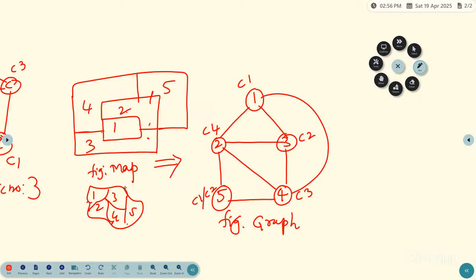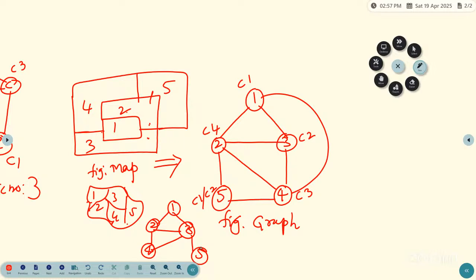Assume this is a map, so 1, 2, 3, 4, 5, assume that there is a node. First, what is adjacent to 1? 2 and 3. So 2 and 3 are over. Then 2 is adjacent to 1, 3, 4. 3 is adjacent to 1, 3 and also 4. With respect to 3, 1 is already there, 2 is already there, 3 to 4 is also adjacent, and 3 to 5 is also adjacent.